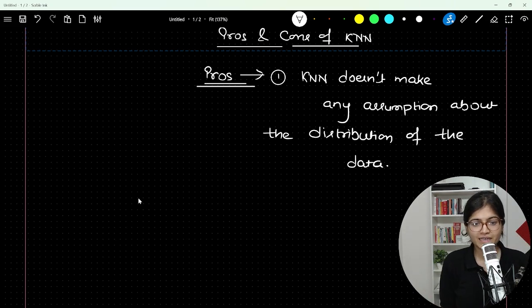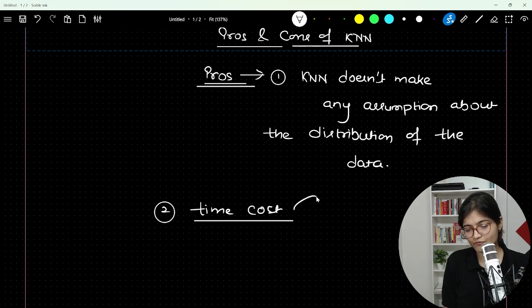That's the good thing. The second good thing is that in this algorithm, not much extensive cost is required. There is a very low time cost at the time of training.